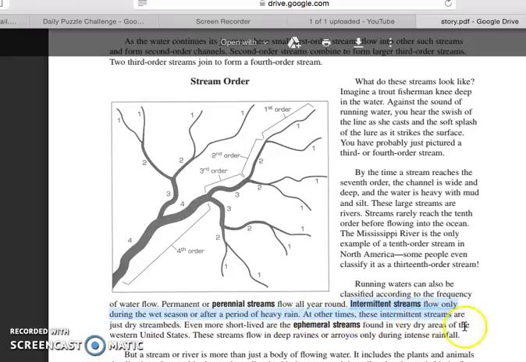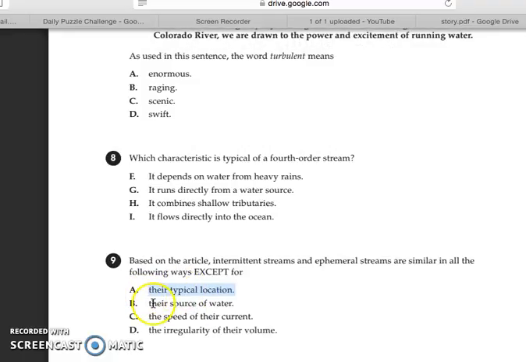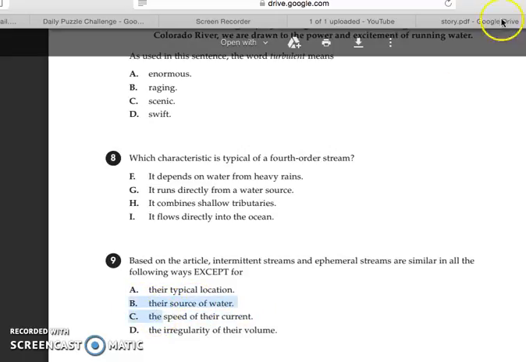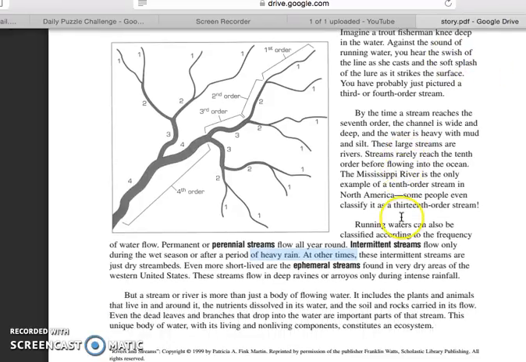At other times, these streams are just dry. Even more short-lived are the ephemeral streams found in dry areas. So they're both found in dry areas, and they both flow during intense rainfall and heavy rain. So their source of water can't be it, so it can't be B. The speed of their current? It doesn't really say anything about their speed exactly.